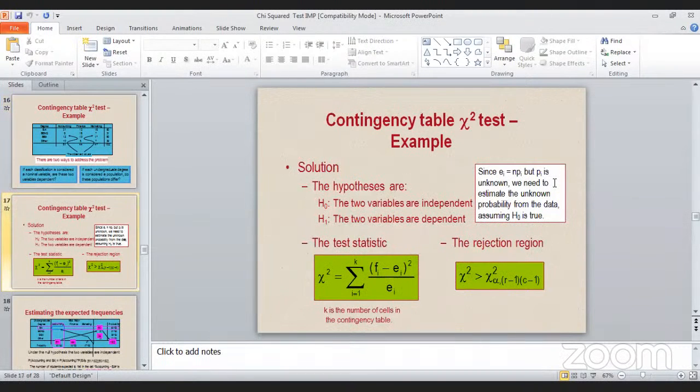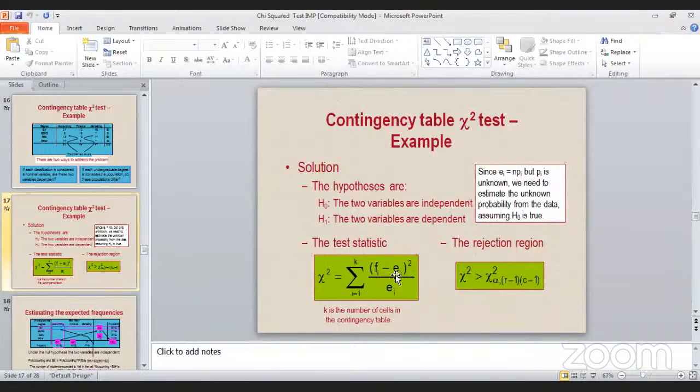Then the solution. I hope all of you have used this formula to calculate the chi-square test. Chi-square is equal to the sum over i from 1 to k, where F represents the observed frequency and E refers to the expected frequency.